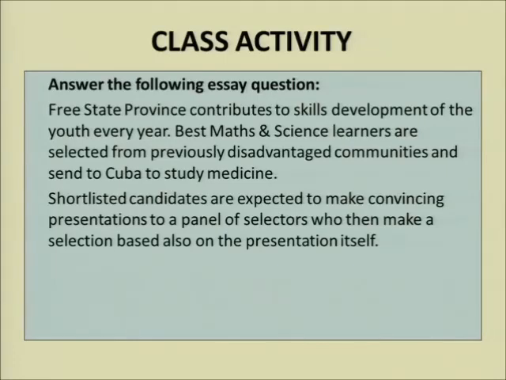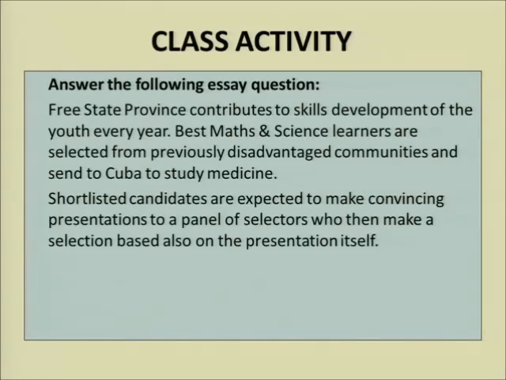Let me just take you through this case study quickly before I ask you to answer the questions based on this case study. Answer the following essay question. It's an essay. Free State Province contributes to skills development of the youth every year.